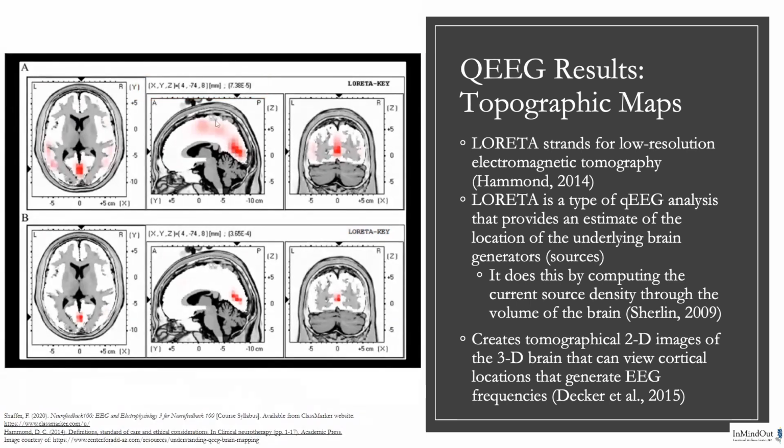And for this individual, we see that there is more than one source of this activity. There's some here in the middle, there's some here in the back, and then when we look at it from the top, we see that there's some activity where the source is in the sides here in the back. So again, that's what Loreta images help us do.